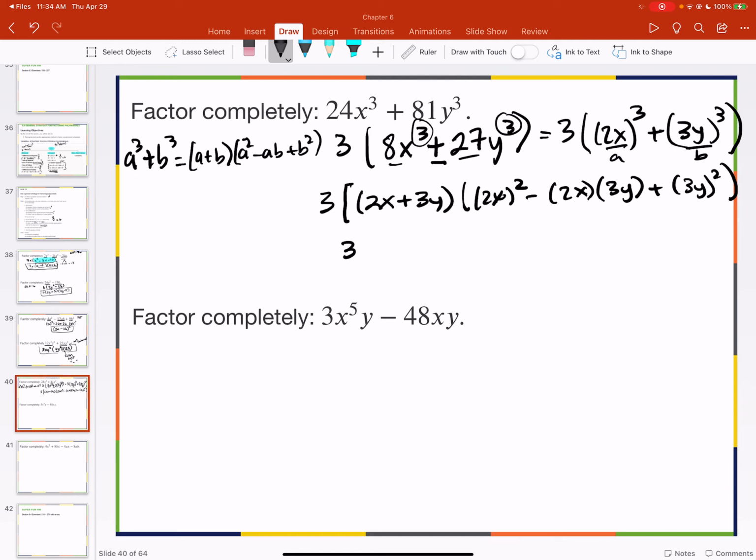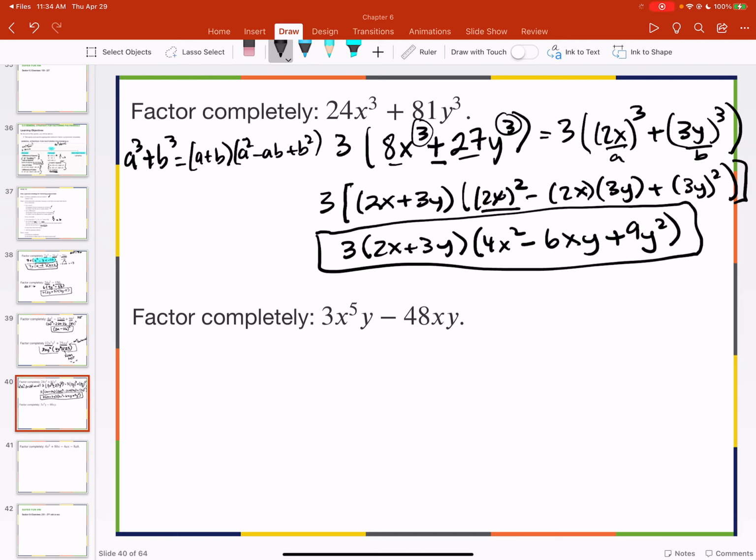Simplifying that, we leave the 3 on the outside. We get 2x plus 3y, and then 4x squared minus 6xy plus 9y squared, and we're done.